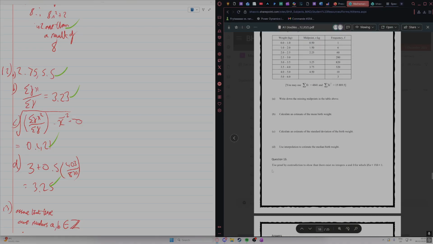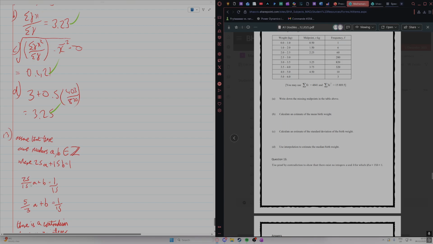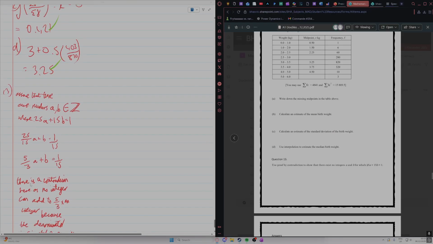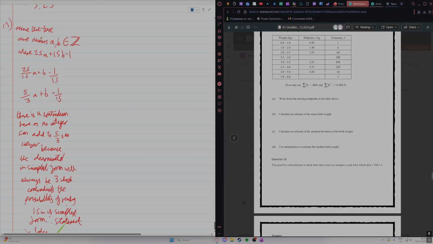Next, for the last question, we have some proof by contradiction. They like these types of questions, as well as prove that blank is irrational. So you say that there are two integers where this equation is true, and then you divide by 15, or this is just the way I did it. Simplify this fraction, and then I did like a long English essay here describing why you can't say 5/3 of an integer plus an integer has anything with denominator 15.